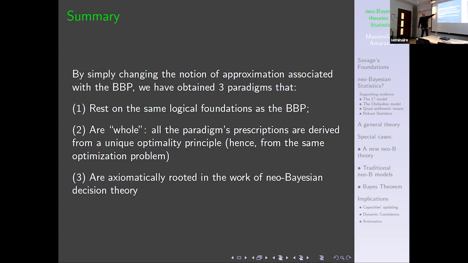And for each of these paradigms, on the basis of this work, we are able to provide axiomatic foundations in Neo-Bayesian statistics. So this is the evidence that what I was proposing holds water, because now this is shown.